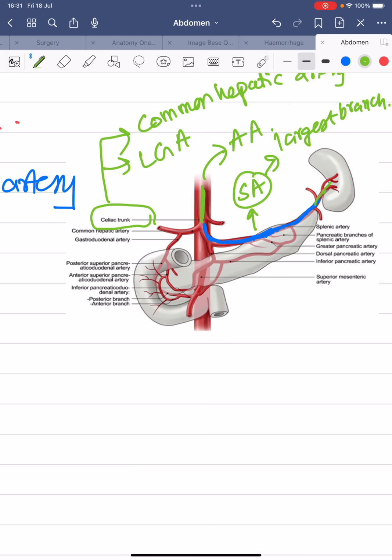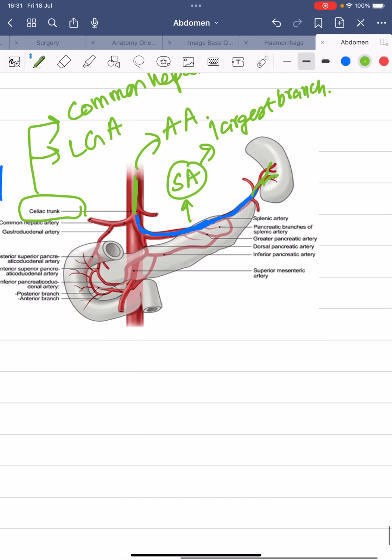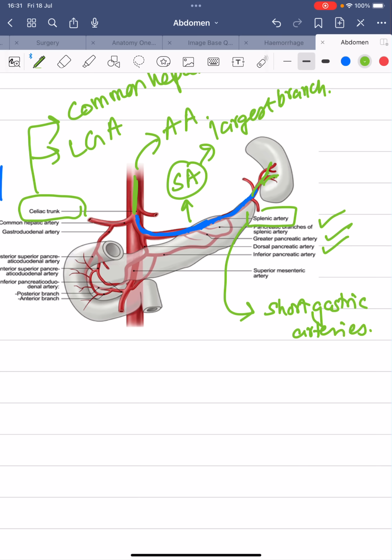It also gives branches, the pancreatic branches, the great pancreatic artery and the dorsal pancreatic artery. But the important arteries you must remember are the splenic artery branches, the short gastric arteries, which give blood supply to the fundus of the stomach and come out from the splenic artery.